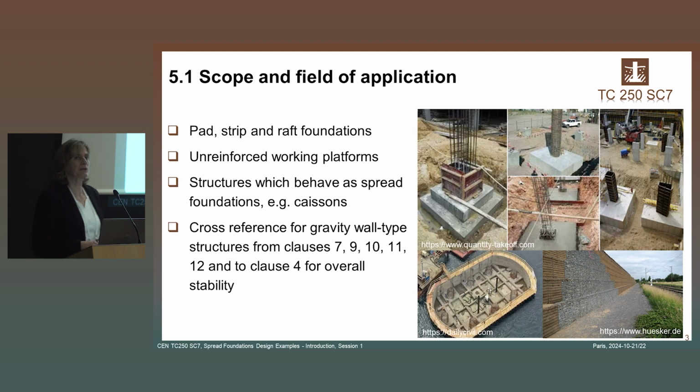And there are multiple cross-references between different other clauses, for example, from clauses 7, 9, 10, 11 and 12 for gravity wall type structures. And there's a cross-reference from clause 5 to clause 4 in regard to overall stability.